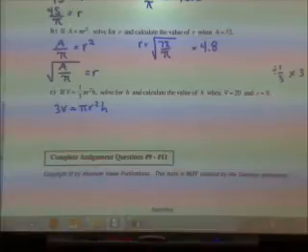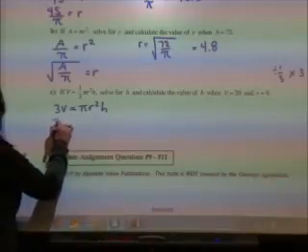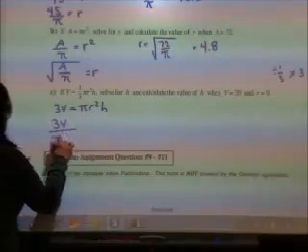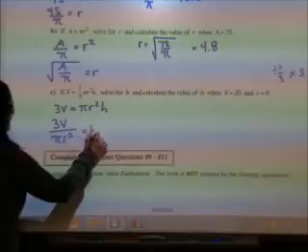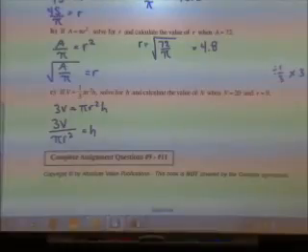How do I get the h by itself? Or in other words, how do I get rid of the pi and the r squared? Through division. Pi divided by pi will equal 1. R squared divided by r squared will equal 1.